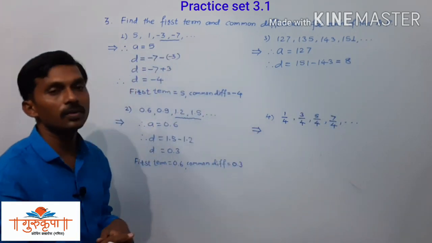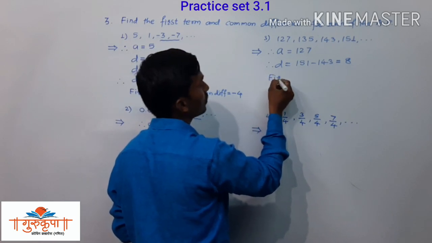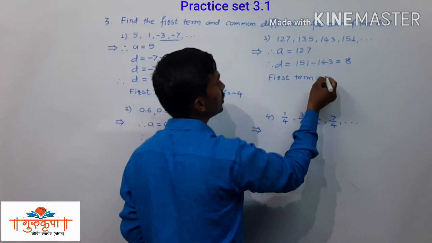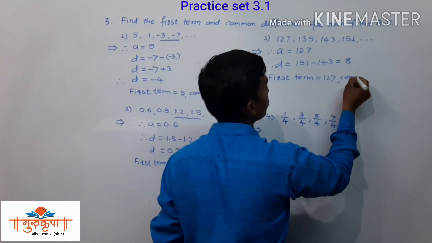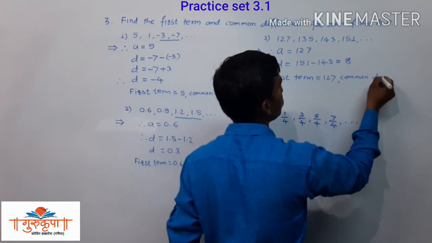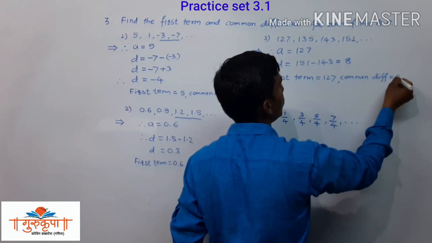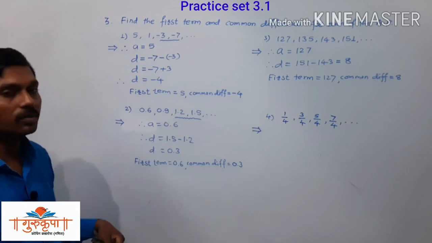So here we can write first term is 127, common difference is 8.